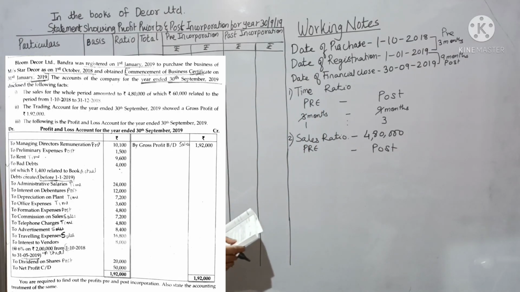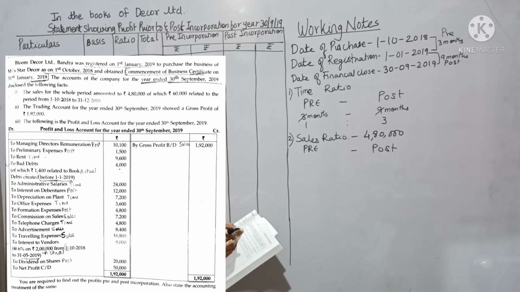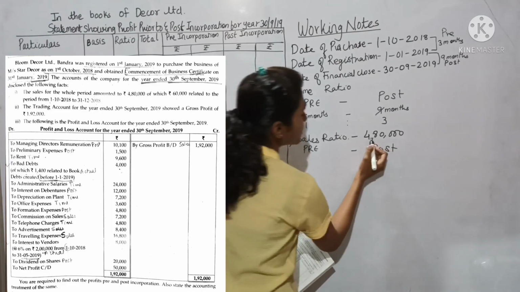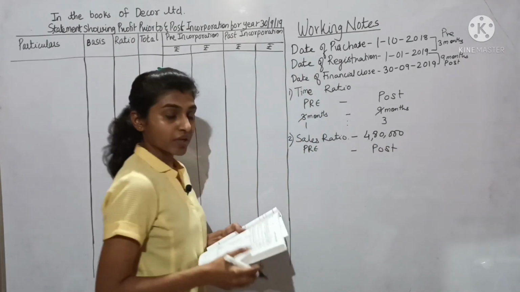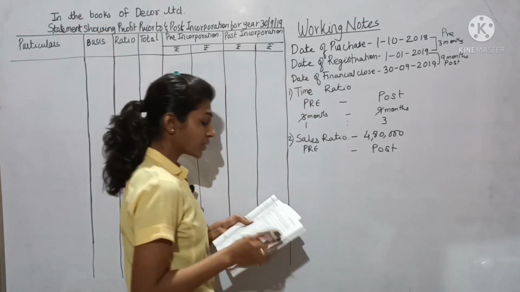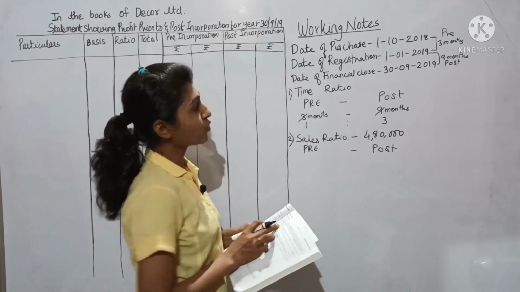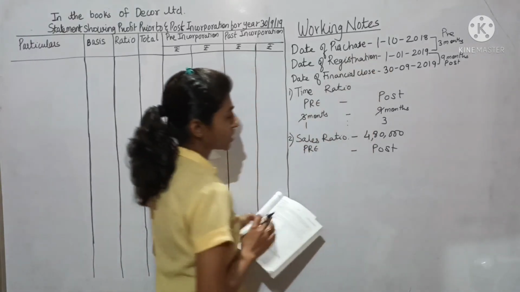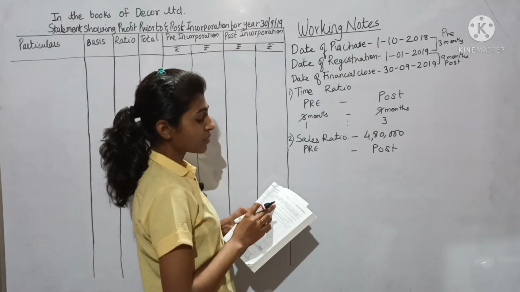of which 60,000 relates to period from 1st October 2018 to 31st December 2018. So from this 4,80,000, they are saying that 60,000 are related to period between 1st October, the purchase date, to 31st December 2018.